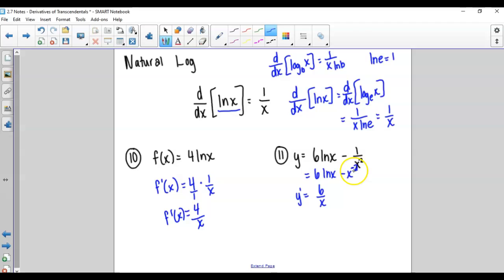So for this part, I'm just going to use that power rule. So negative 2 times this negative 1 right here is going to be positive 2 x to the negative 3. They may not leave the answer like this. They may write 2 over x to the third instead.